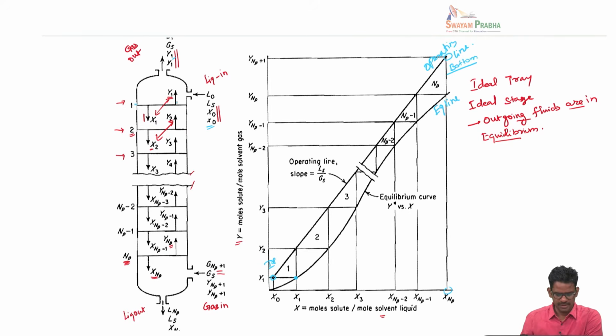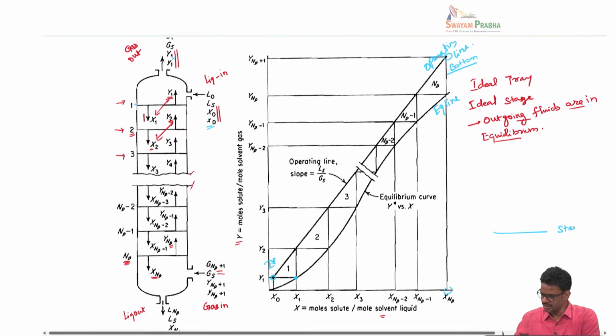And then y2, x1. So if I take stage 1 here, the gas that is coming in is y2 and the liquid that is leaving the stage is x1, right? So that is the point that I can note here.